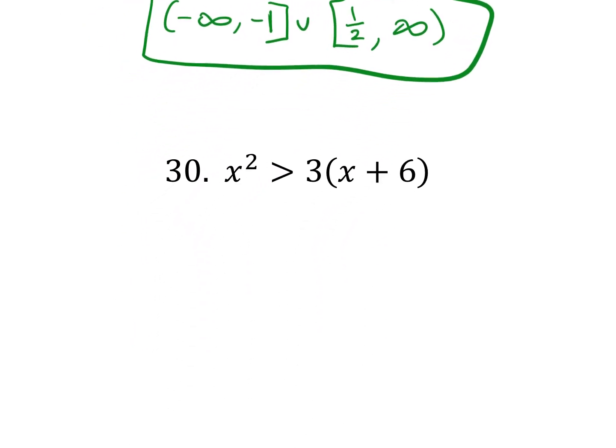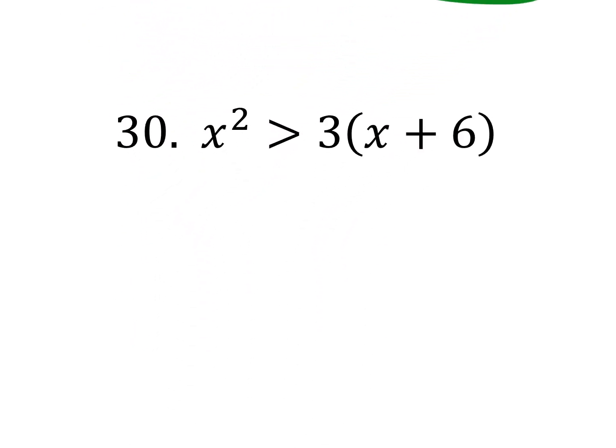Let's do 30. What should I do first for 30? Distribute. So x squared is greater than 3x plus 18. And we want to move everything to one side because we're going to have to factor. Let's move it to the left to keep that x squared positive.